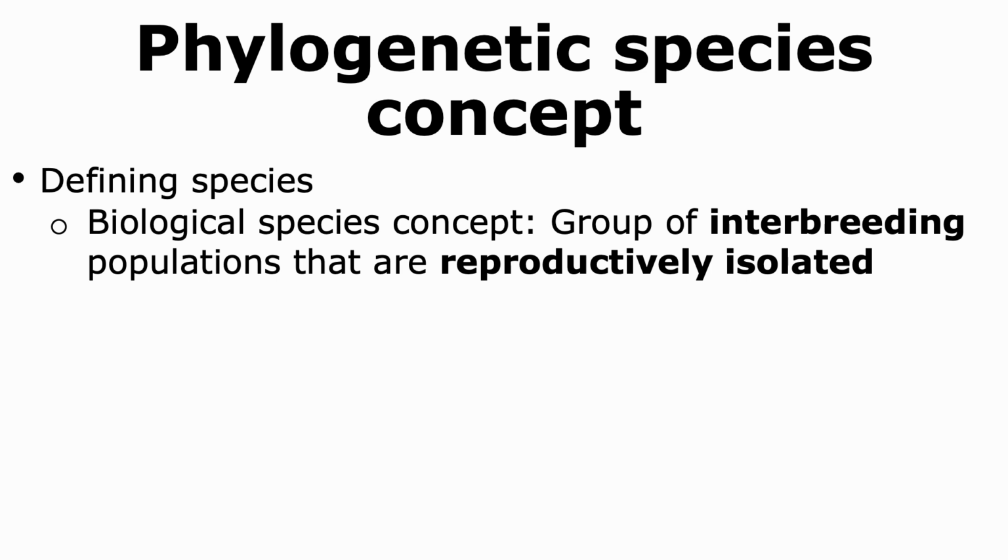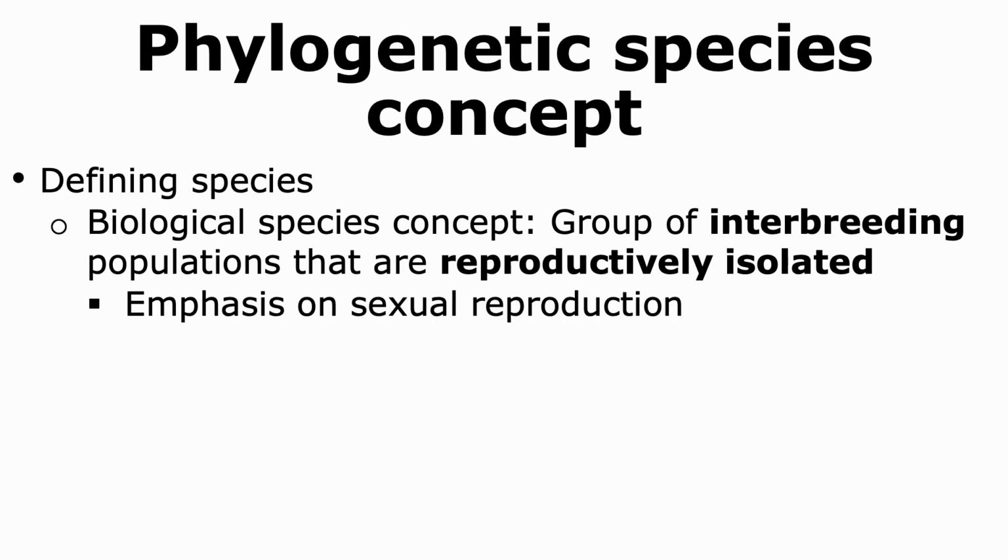One of the most widely accepted definitions of a species is the biological species concept, which states that a group of organisms that have the ability to breed with one another constitute a species. If they're unable to breed with other animals, then those animals are a different species. The problem with this explanation is that there is an emphasis on sexual reproduction.